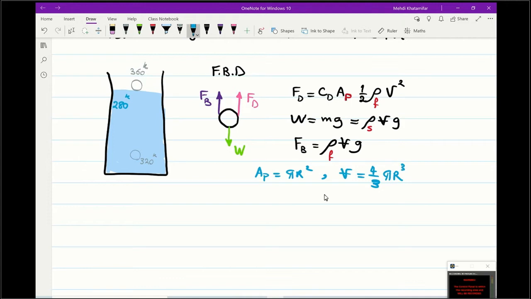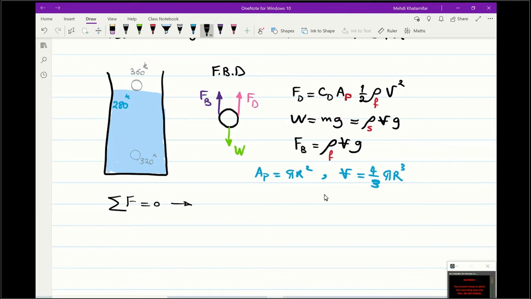Now we have all the information we need to keep the balance and have a terminal velocity. Let's write that the summation of all those forces must be equal to 0. I'm going to keep the drag force on one side and the others on the other side.